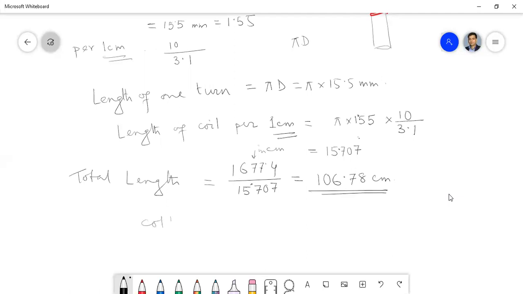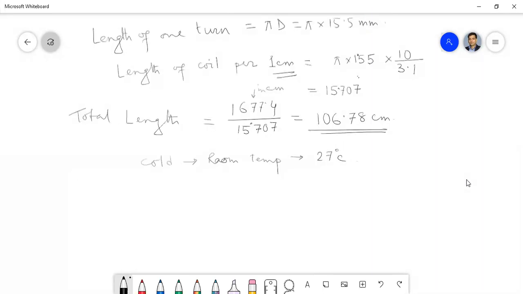Though it is not mentioned in the problem, you have to assume that. Clear?